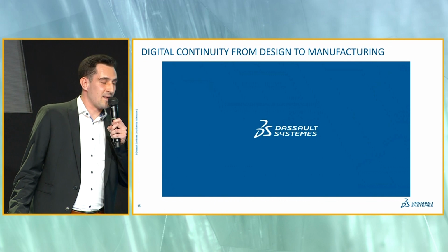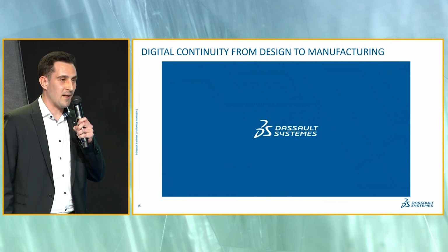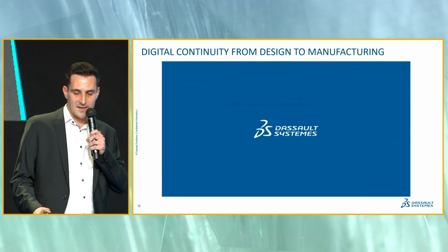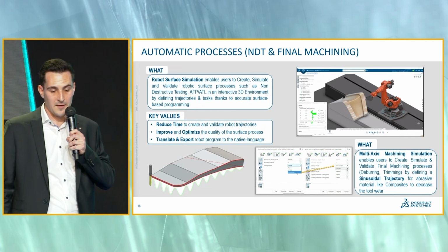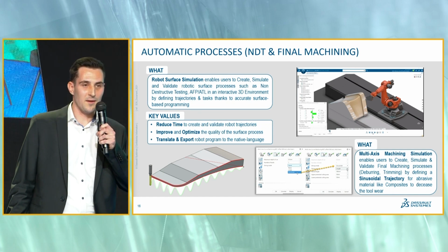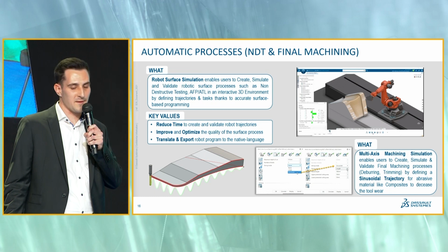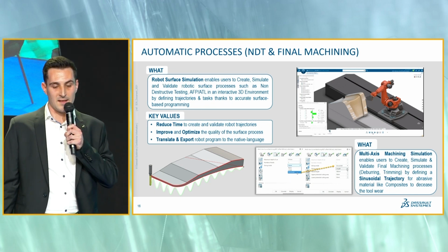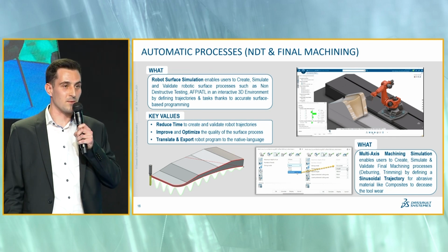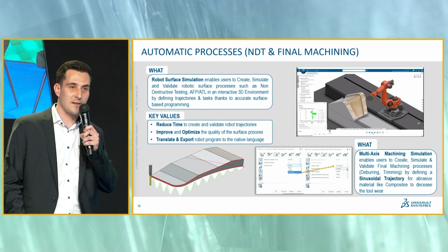And now we come back to the part where François has produced and manufactured the part on the Coriolis machine. And we will treat this then with our robotic solutions to do quality controls, so non-destructive testing. Therefore, we use our robot surface simulation tool, which is an application that enables the users to create a simulation and create trajectories and tasks for robotics.